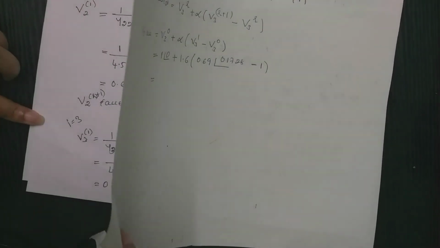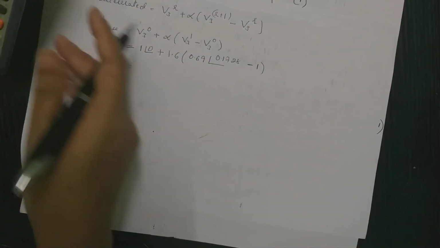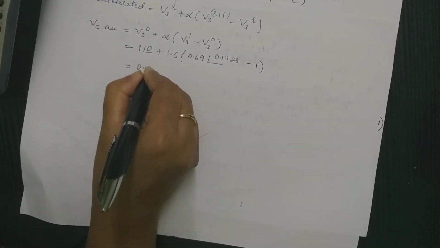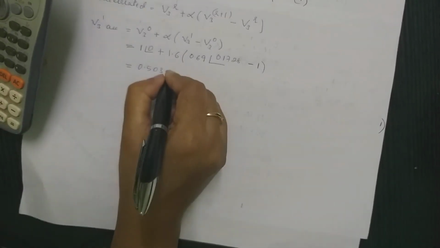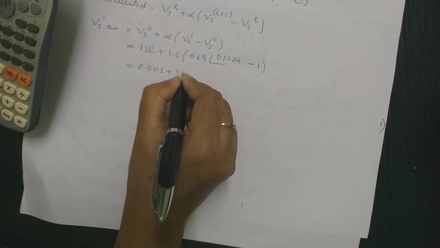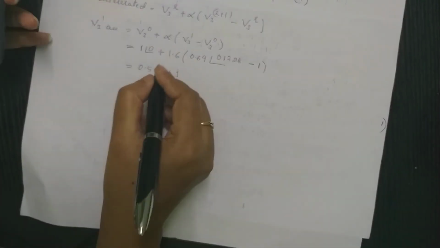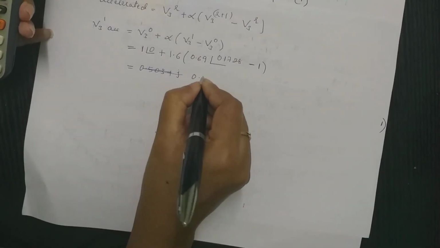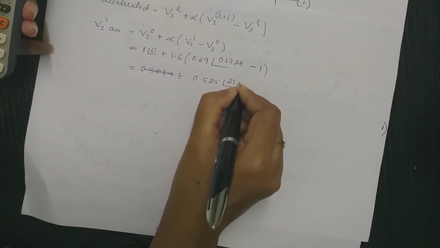On substituting we get the answer 0.525 at an angle 21.22.